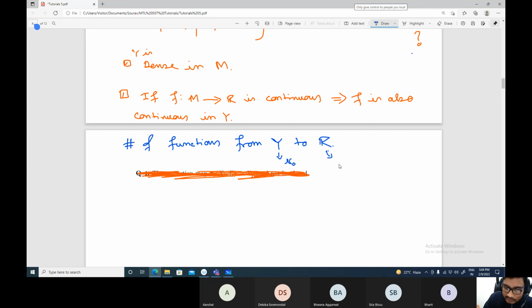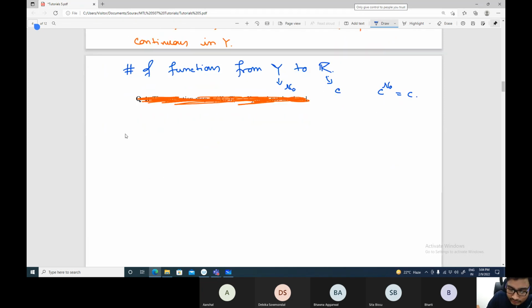What is the cardinality of R? This is C, uncountable. And therefore the number of functions from Y to R is C to the power aleph naught. And this is again C. Clear? This is from the continuum hypothesis. I'm also using those.